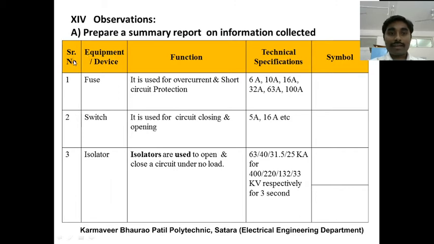In this table we can see the equipment or device, then we have to know its function. Also we have to know about its technical specifications and the symbol of the particular equipment or device.